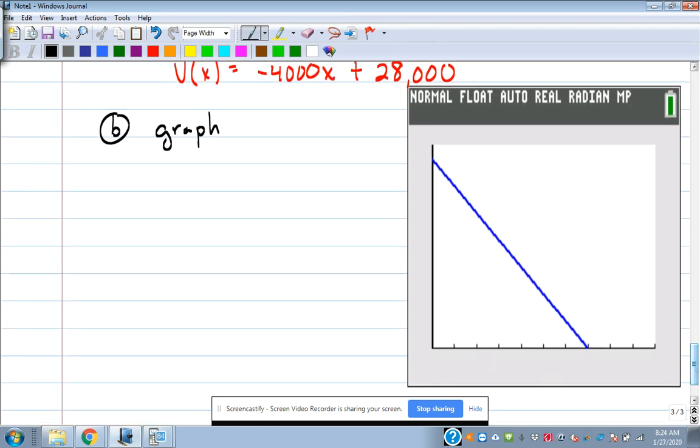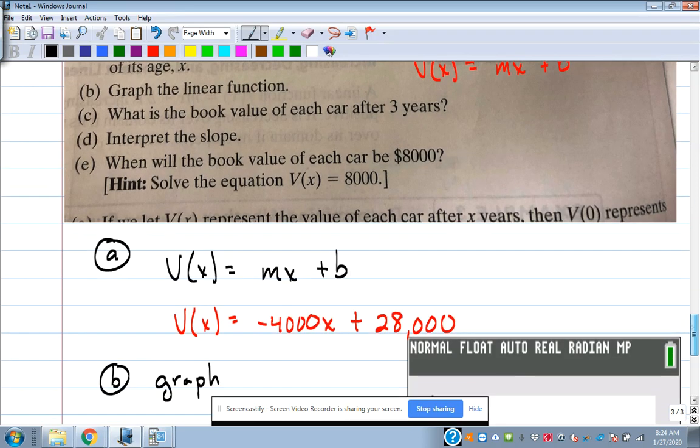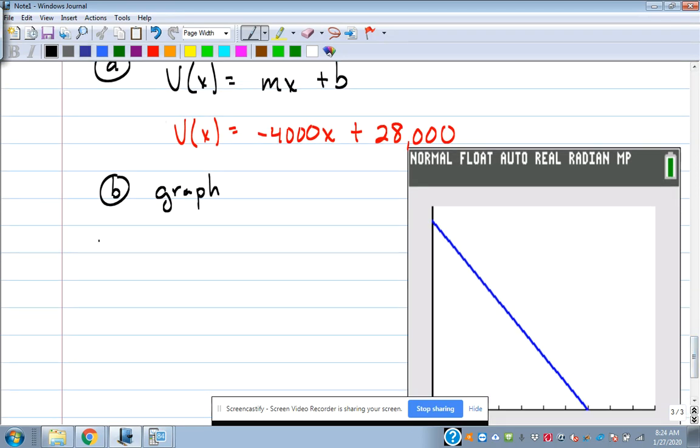That's great. C part up there asks us to find the book value of each car after 3 years. So book value after 3 years is C part. So where does that 3 go? Yeah, they're asking us to find V of 3.